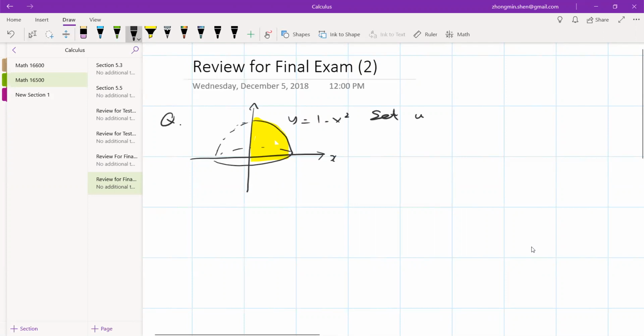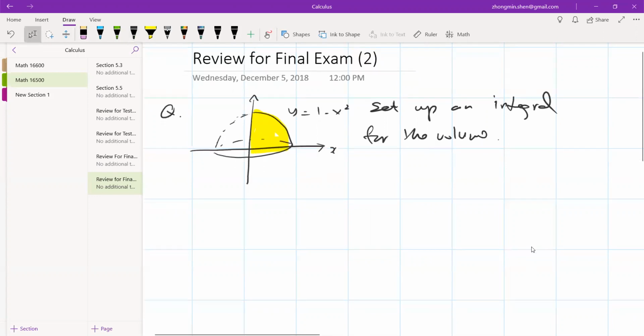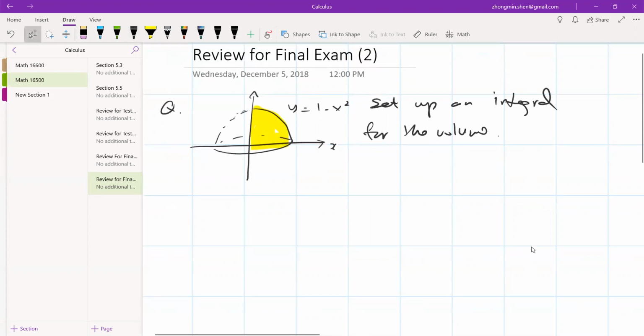Set up an integral for the volume. Now, to solve the problem, it depends on which method you're going to use, right? If you want to use disks, when you draw the disks, it is a family of disks.